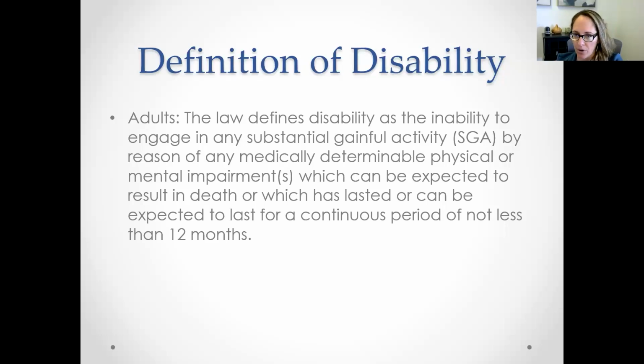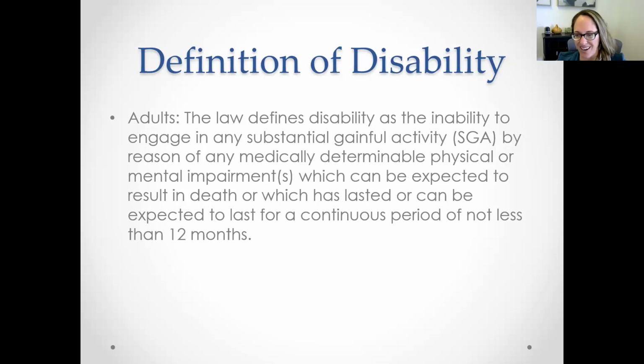But for Social Security purposes, they can't get disability benefits because it has to have been at least 12 months or more. You don't have to wait a whole 12 months of being disabled and out of work to file, but your condition has to at least be expected to last 12 months or more.